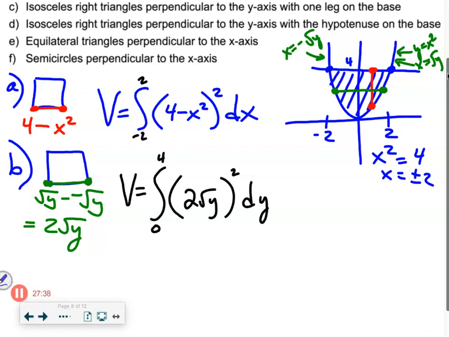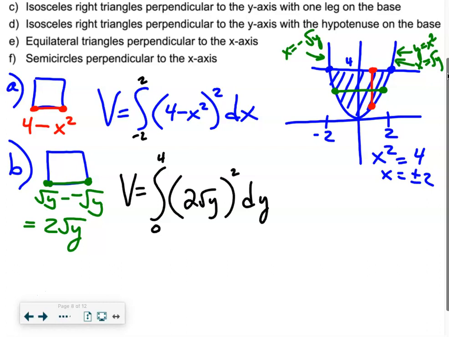All right, let's read this carefully. Isosceles right triangle. It's a big geometry day, just so you know. Isosceles right triangles perpendicular to the y-axis with one leg on the base. The thing about triangles is they have to tell you which one it is.